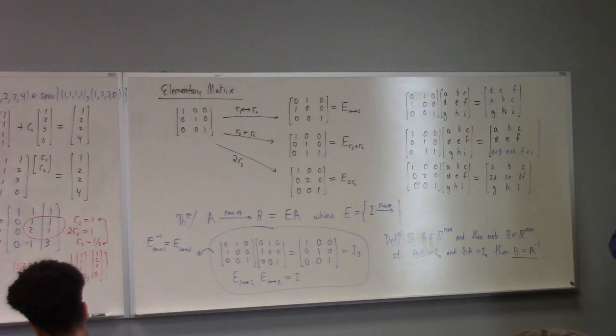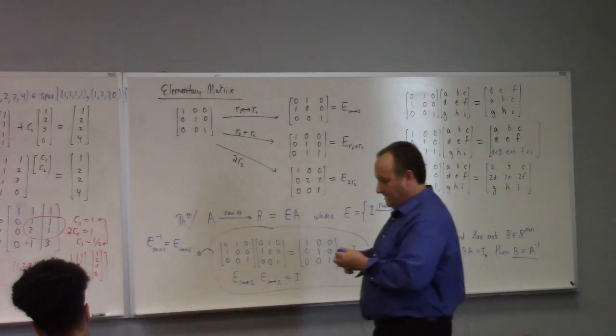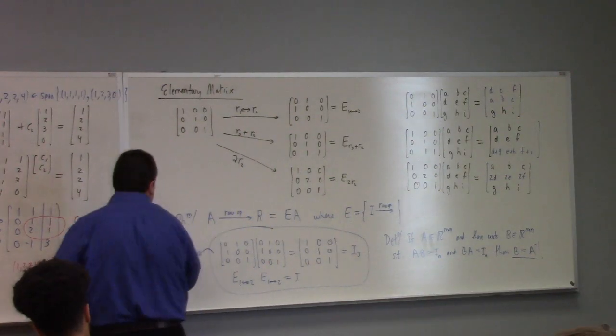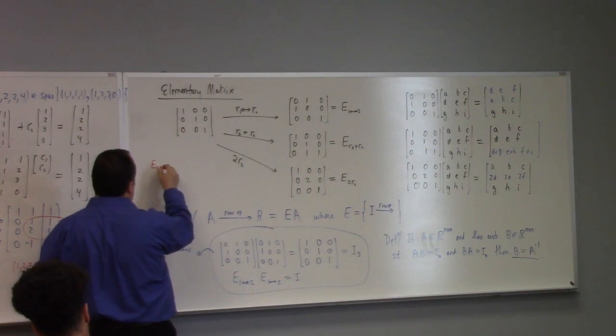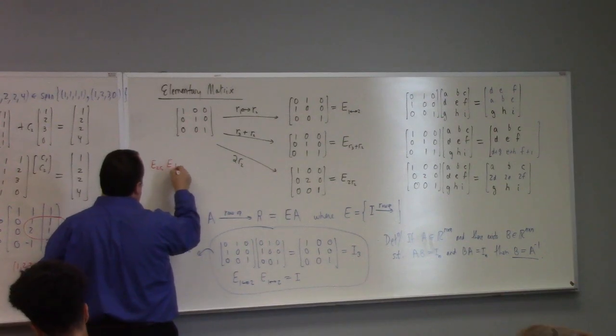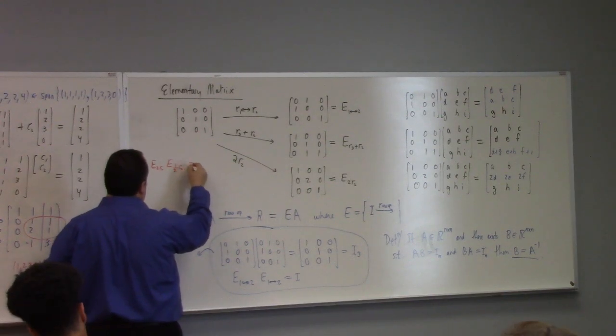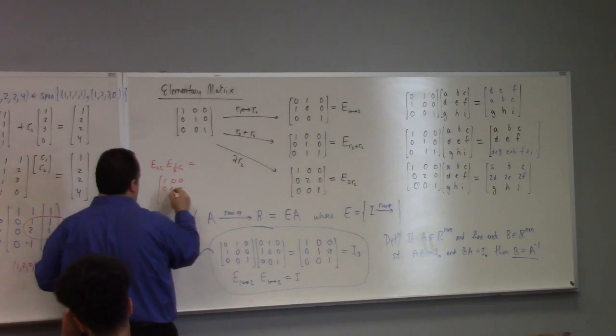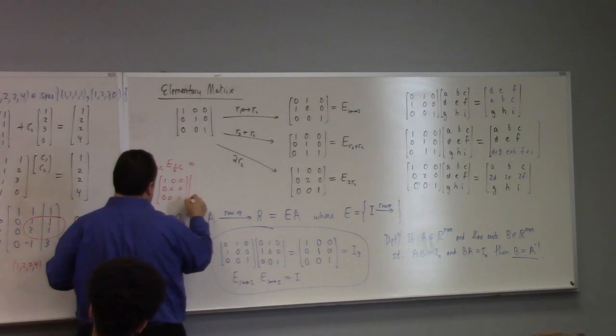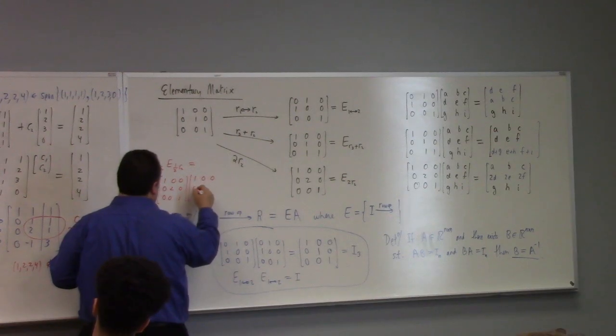Can you guys tell me what the inverse matrix of E2R2 would be? What if I did E2R2 times E1/2R2? Would that do it? So we've got 1, 0, 0, 0, 2, 0, 0, 0, 1 times 1, 0, 0, 0, 1/2, 0, 0, 0, 1.